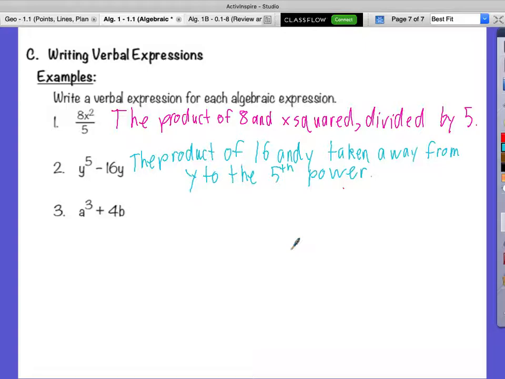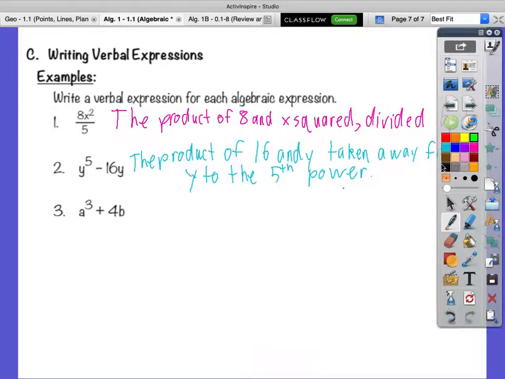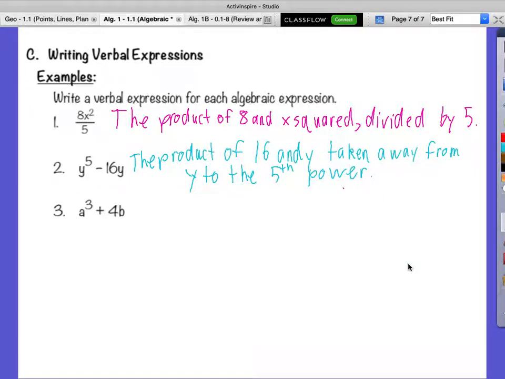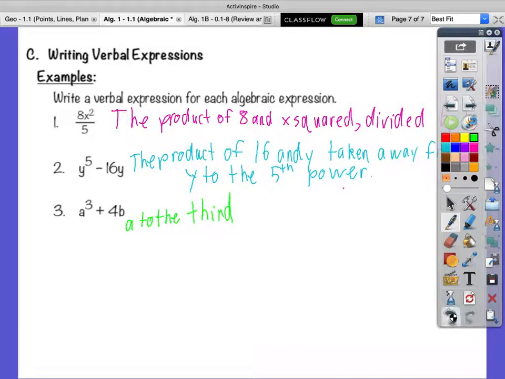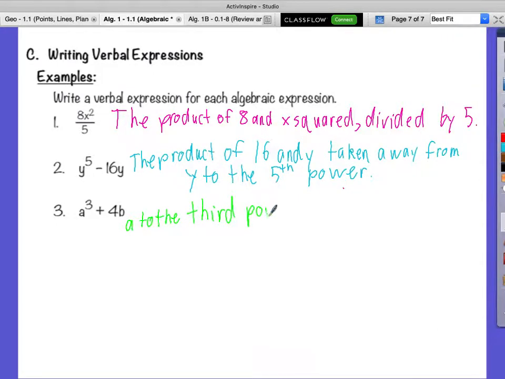Who has one they want to throw out here? Okay, Victoria? I said a to the third power added to the product of 4b. Okay. A to the third power.